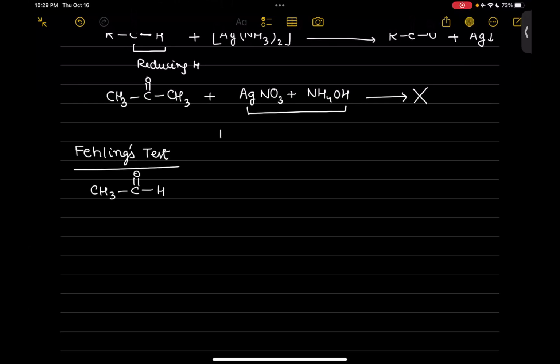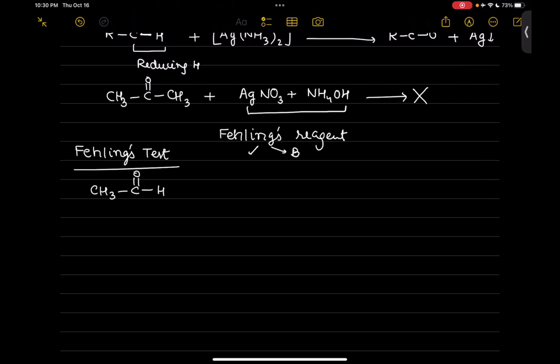First of all, what is Fehling's reagent? Copper sulfate. Yes. It is actually made up of A and B. Got it?